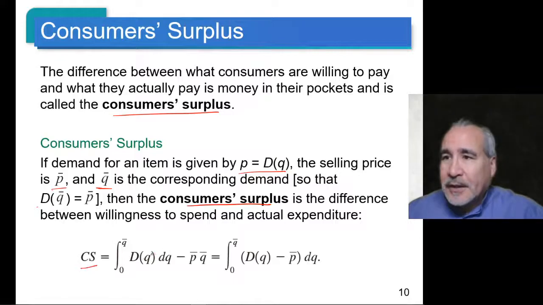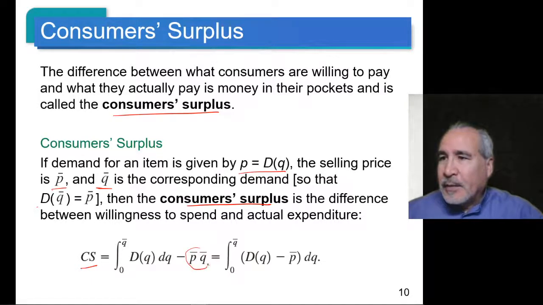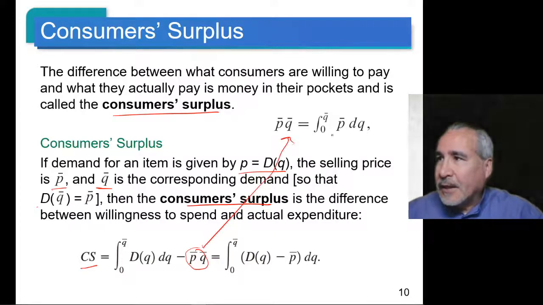Consumer surplus equals the integral of D of Q dq minus this, which, remember, is just an area. And this equals the integral here, and I'm going to click that in. This part here is really an integral. So it's D of Q dq minus P bar.